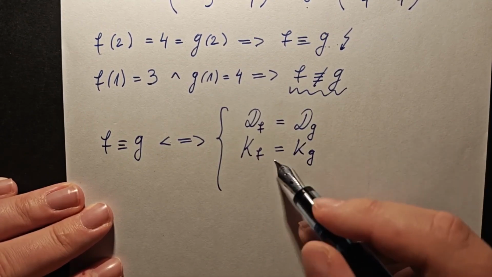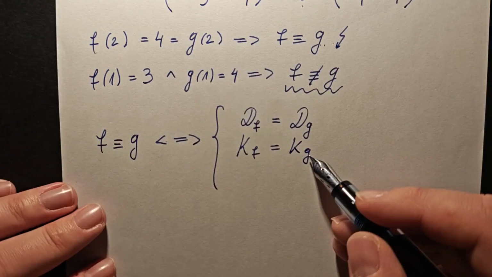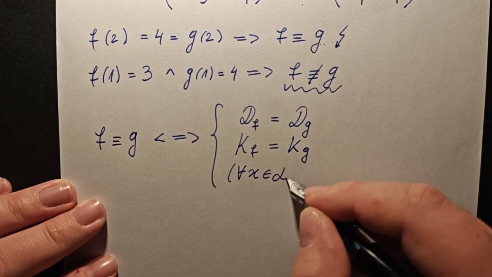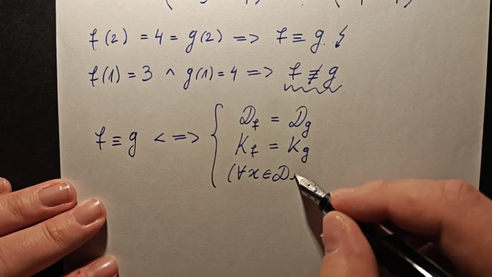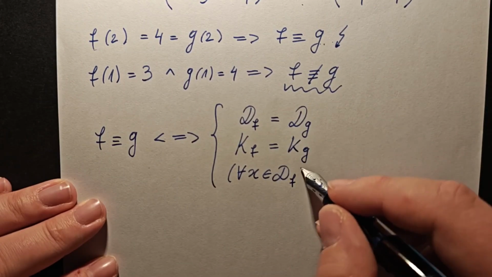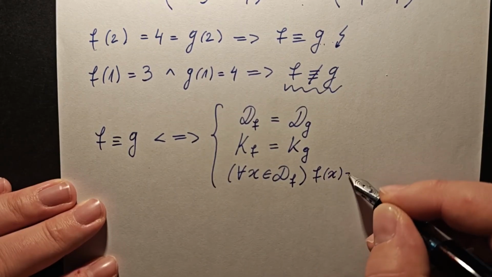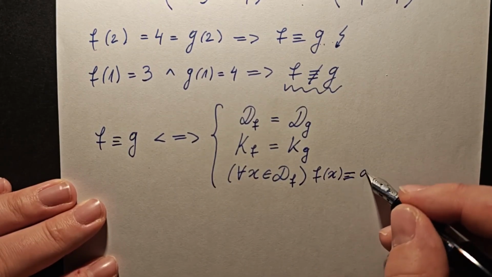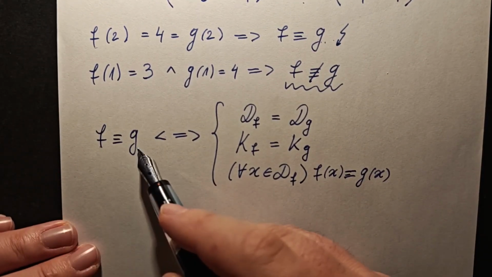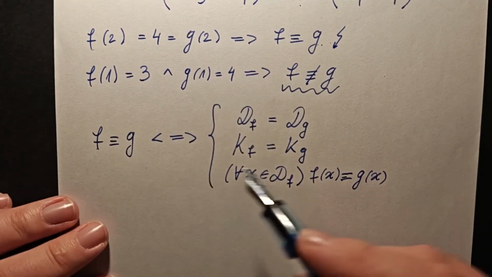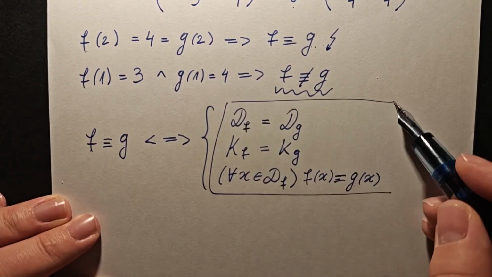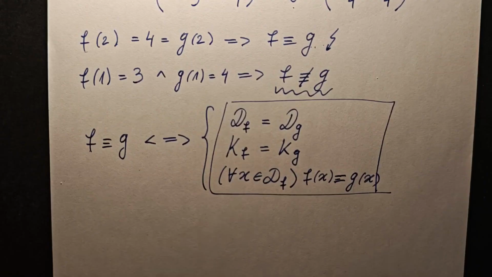The codomain of function f is the same as the codomain of function g, and for every value from the domain, f or g, because they are the same, f of x has to be equal to g of x. So in order for functions f and g to be equal, the conjunction of these three terms has to hold.